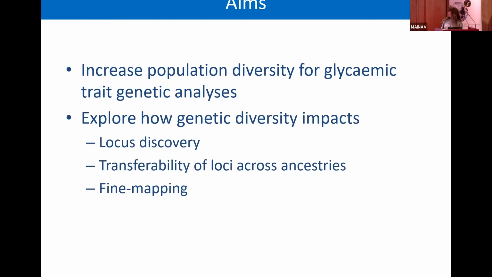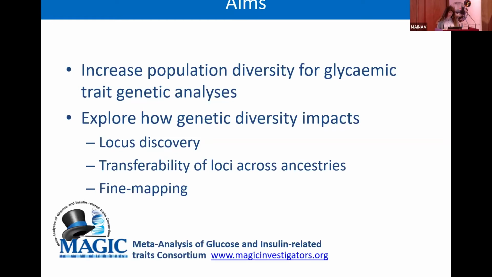We had specific aims to explore how having a more diverse population in our genetic studies would impact our ability for locus discovery, tell us something about how transferable the loci were across populations, and also how this might impact our ability to fine-map our association signals.